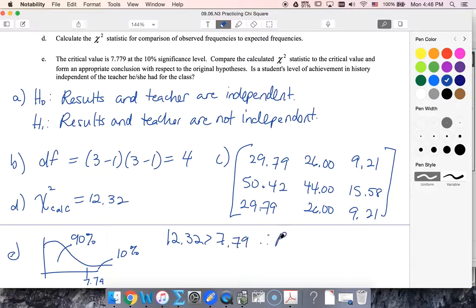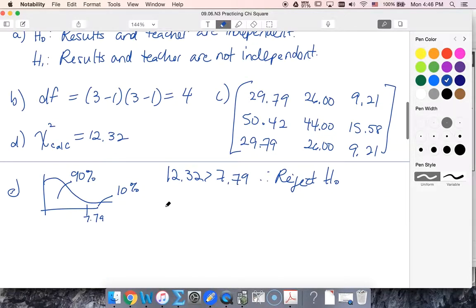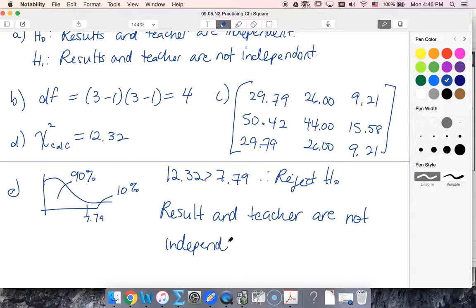Therefore, we reject our null hypothesis, which leads us to believe that result and teacher are not independent in this situation. Hopefully that's not true in every situation.